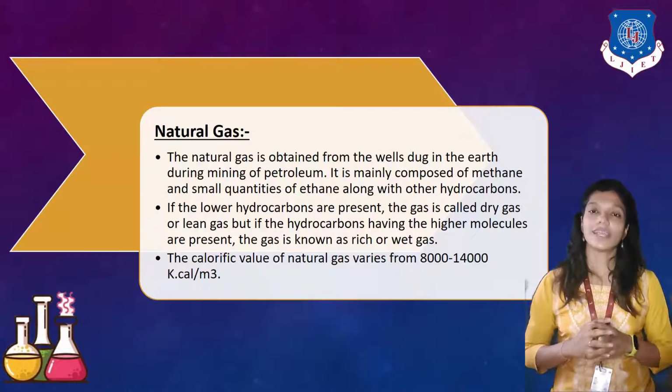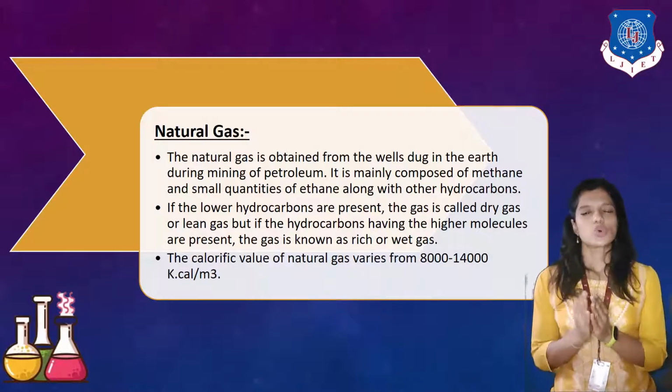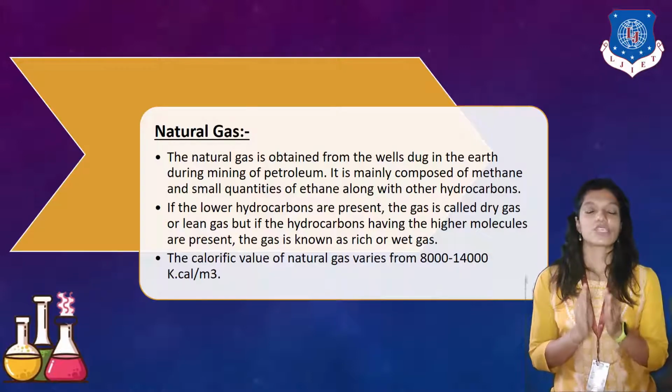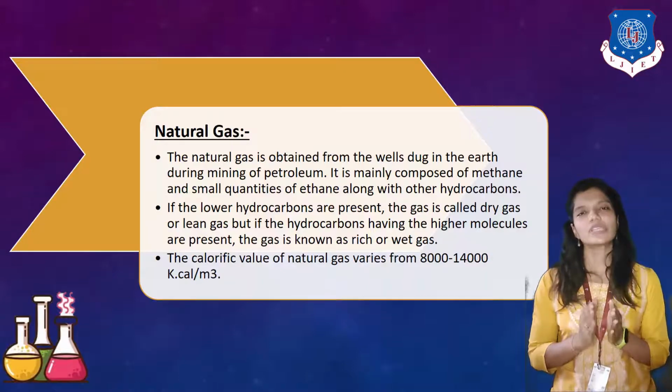Let's take a look at natural gas, which is our first and primary fuel. Natural gas is obtained from wells dug in the earth during mining of petroleum. It is mainly composed of methane and very small quantities of ethane along with other hydrocarbons.